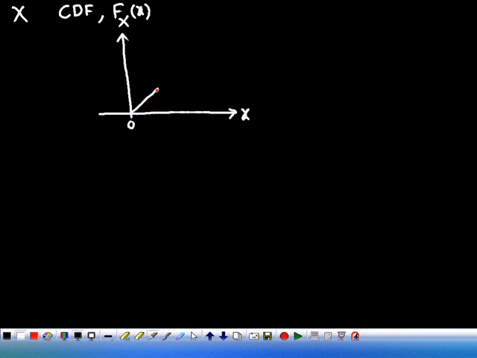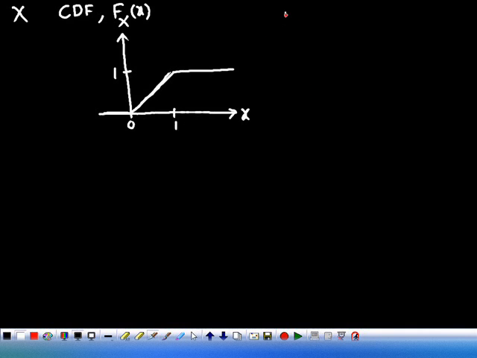Plot the probability density function. Do this.